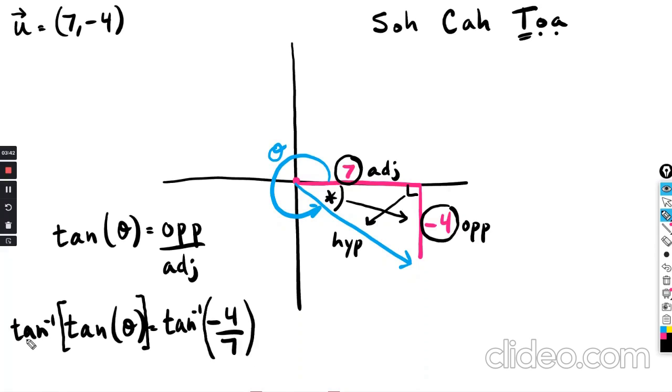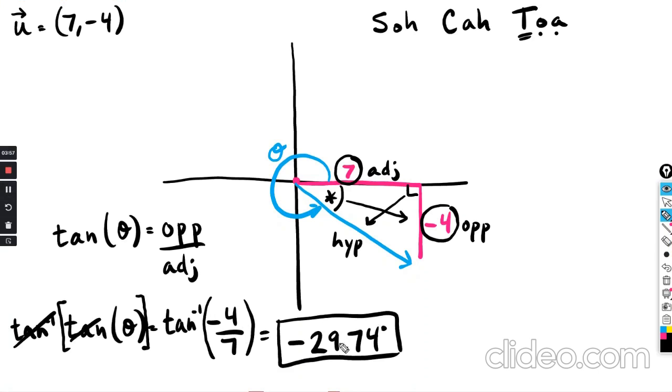On this side, tan and inverse tan cancel, and we're left with theta. I'll do inverse tan of -4/7 on the calculator. Make sure you're set to degrees. Rounding off, I get -29.74. So, does that answer make sense for this vector?